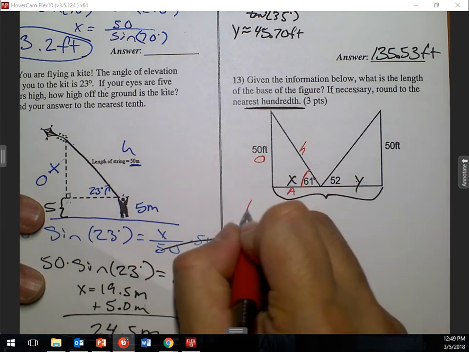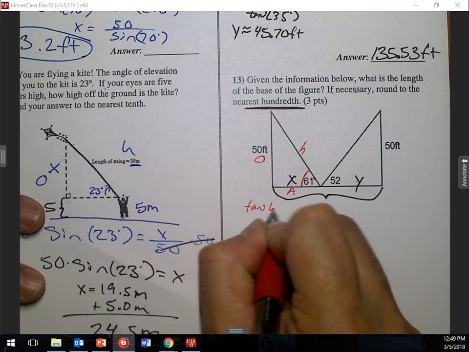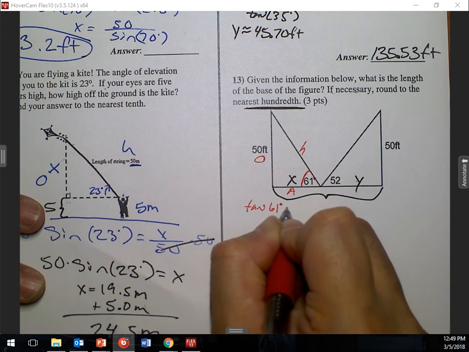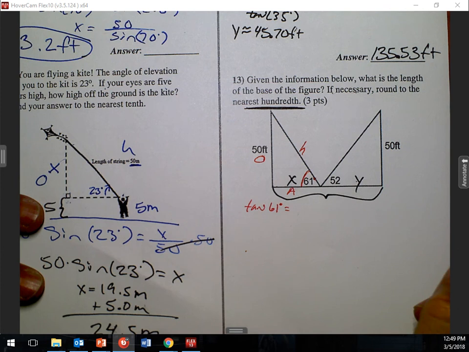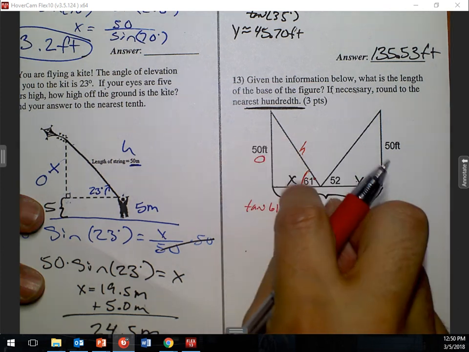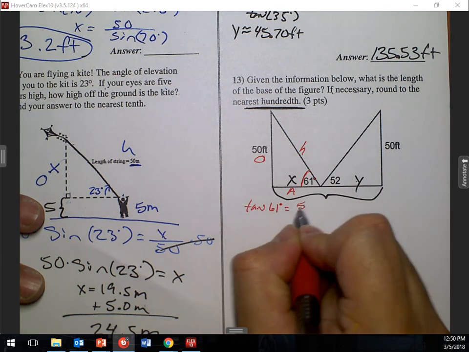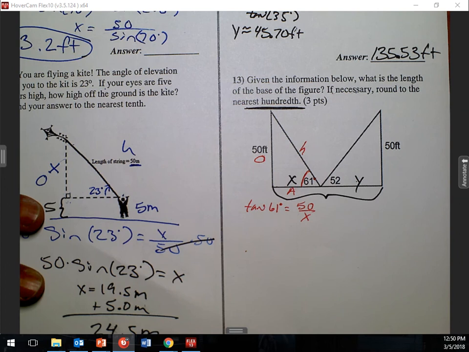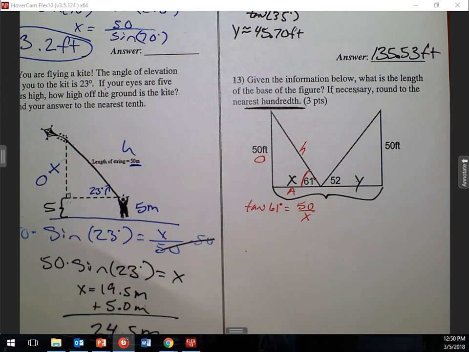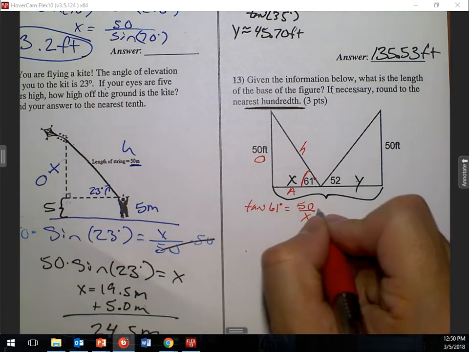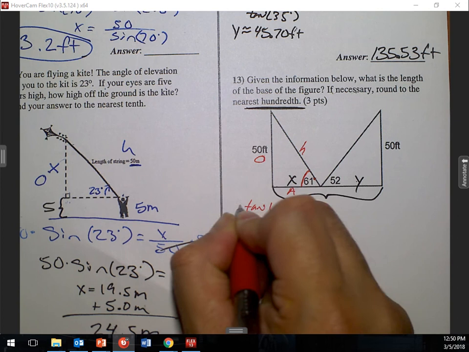Let's see. So tangent of 61 degrees is equal to opposite over adjacent, right? So it's 50 over x. Okay, I want you guys, what's the next step? Multiply by x. Very good, multiply by x.